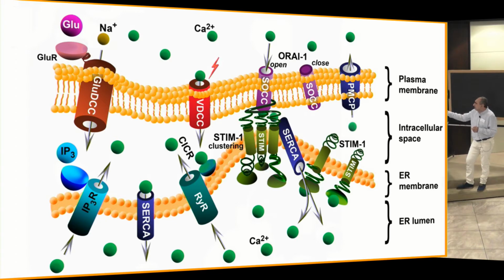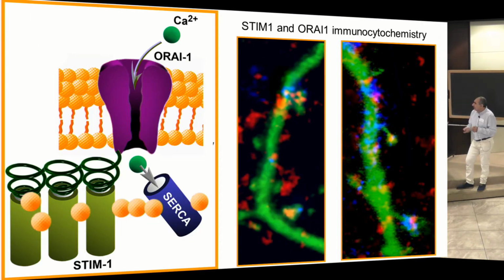And when this connection is established, like here, of course it's a cartoon, you understand, then calcium flows in. Very interestingly, it flows into the cytoplasm, even though the calcium store, the ER, can be just next to it.